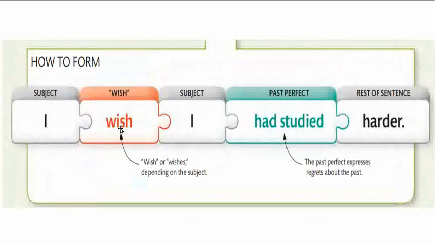Then we have the word wish. It changes with wish or wishes depending on the subject. If it is he or she, it becomes wishes. If it is I, it is wish. Then we have the subject, because I, so I only. Past perfect tense uses had studied, and the rest of the sentence. Reading the entire sentence, I wish I had studied harder.